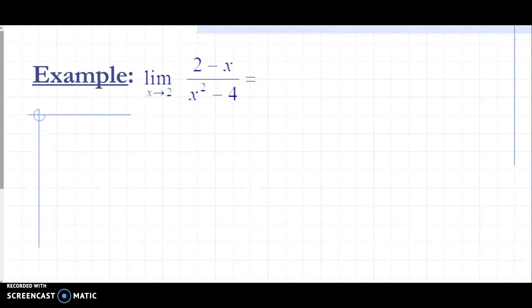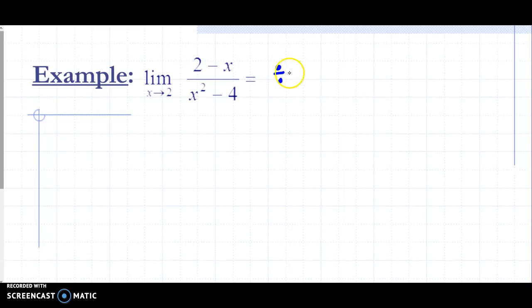So I'll walk you through this first example, and then I'll have you try some of the rest on your own. So I'm looking at this, and okay, it's a rational function. My first instinct is, can I use direct substitution? If I use direct substitution, I plug in 2 for x in both places. Notice that I get 0 over 0. Sirens are going off in my brain: oh no, indeterminate form.